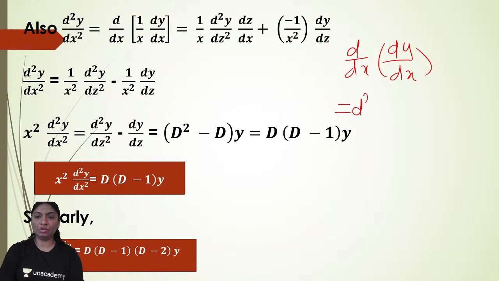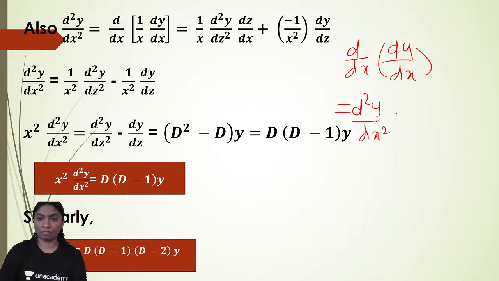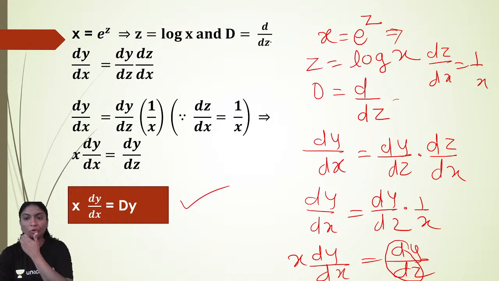Use the u into v rule: d by dx of dy by dz into 1 upon x, so dy by dz into dz by dx into 1 upon x. First into derivative of second, plus derivative of first into second.